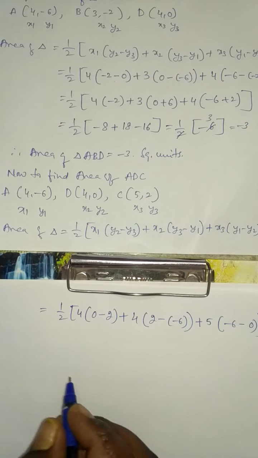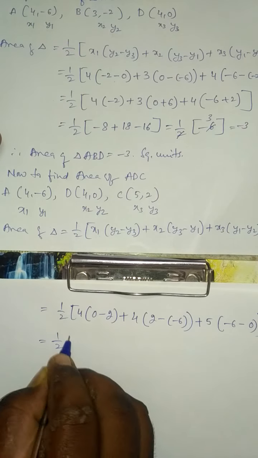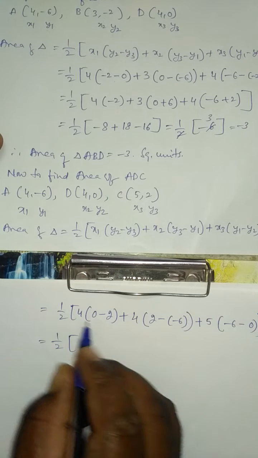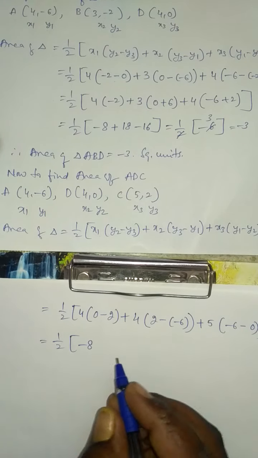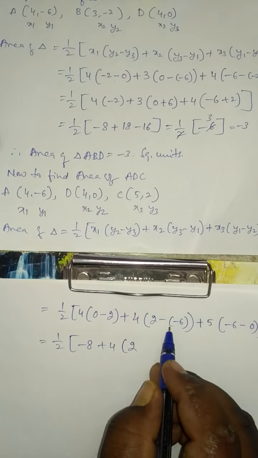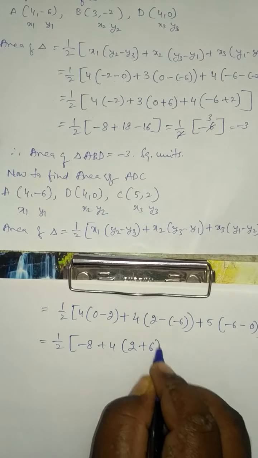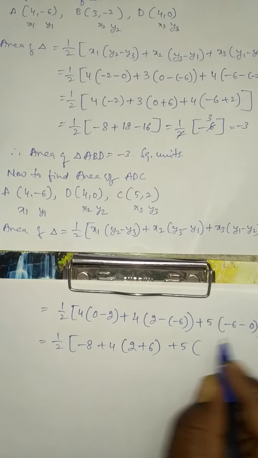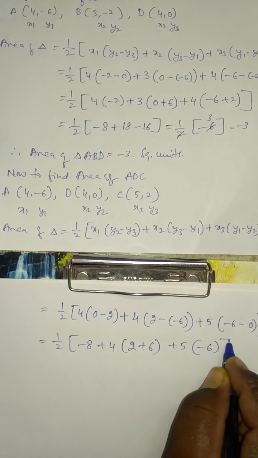So now this is equal to half as it is. 0 minus 2 is minus 2. Minus 2 into 4 is minus 8. Then this 4 I wrote as it is. 2 also I wrote as it is. Minus into minus is plus 6. Plus 5 I wrote as it is. Minus 6 minus 0 is minus 6 only.